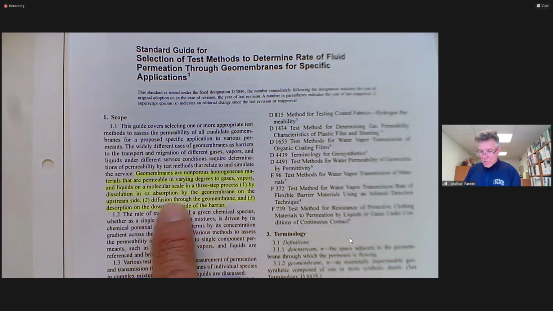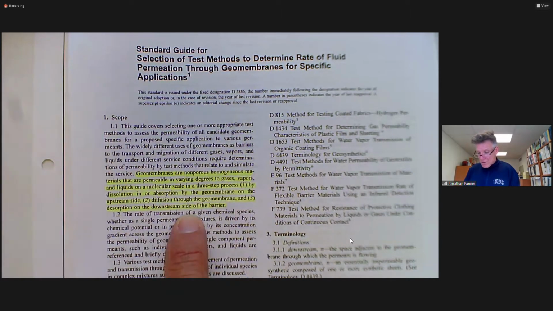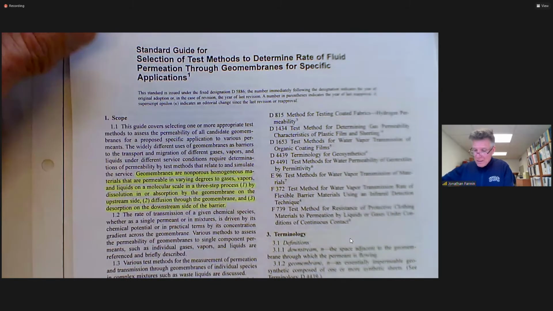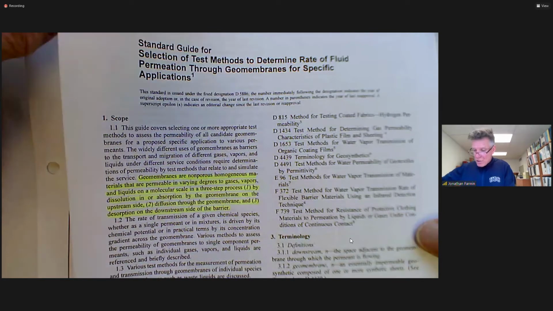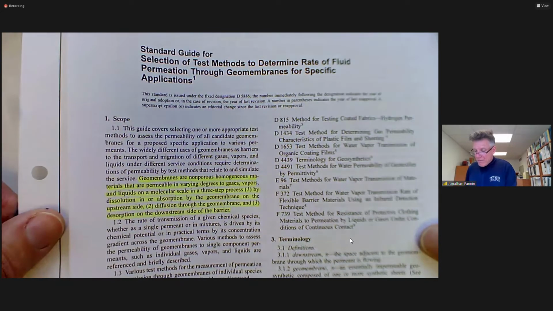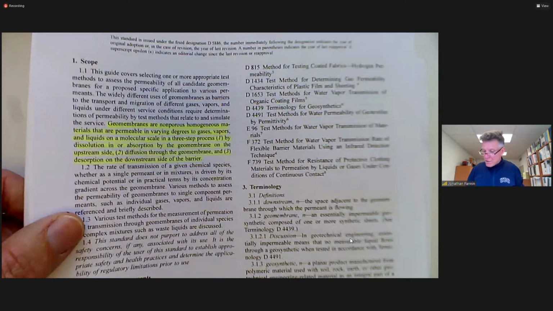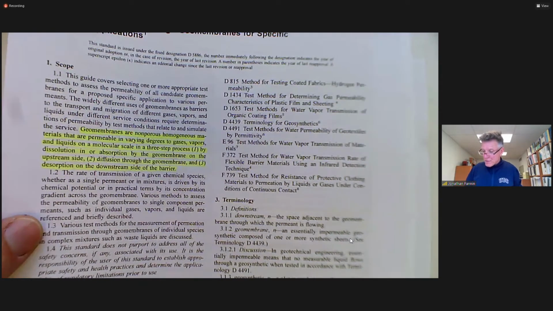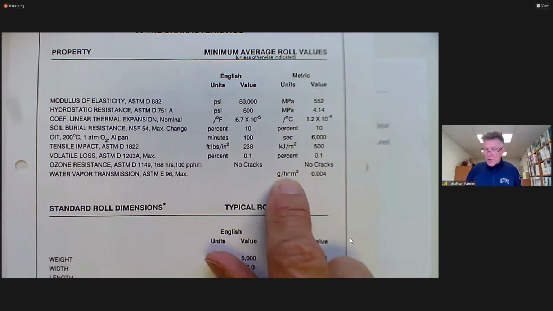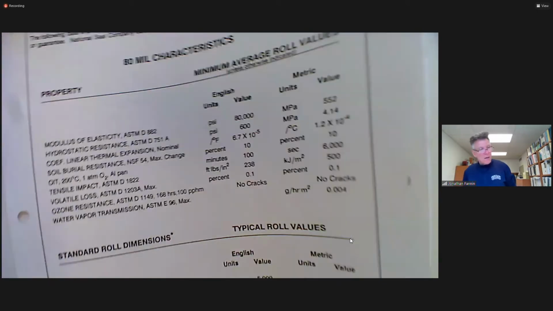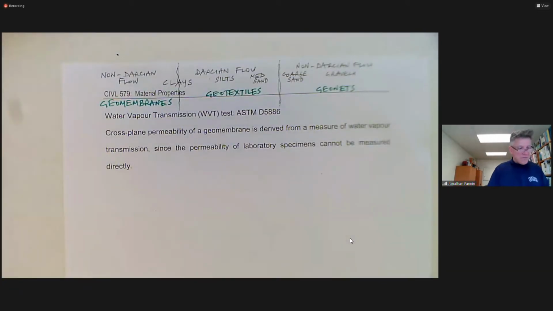And then desorption on the downstream side of the barrier. And that, in essence, is the nature of the flow regime as captured by this water vapor transmission, grams per hour per meter squared. Okay, so let's just make an acknowledgement of that.